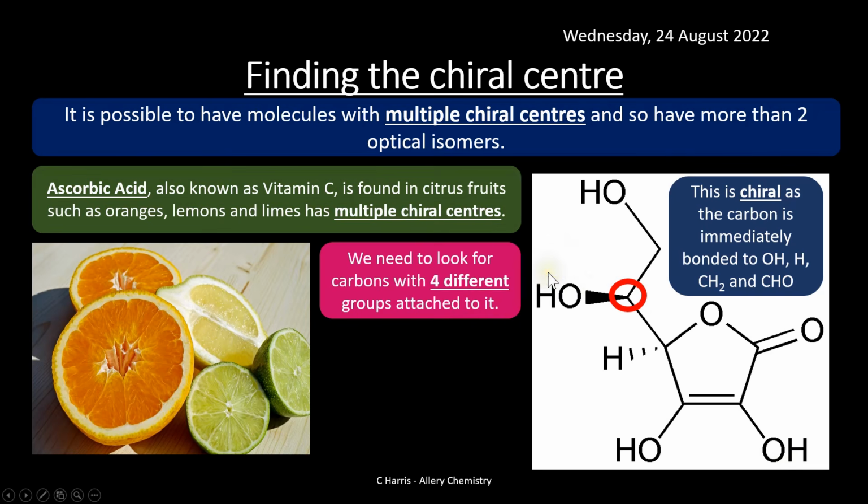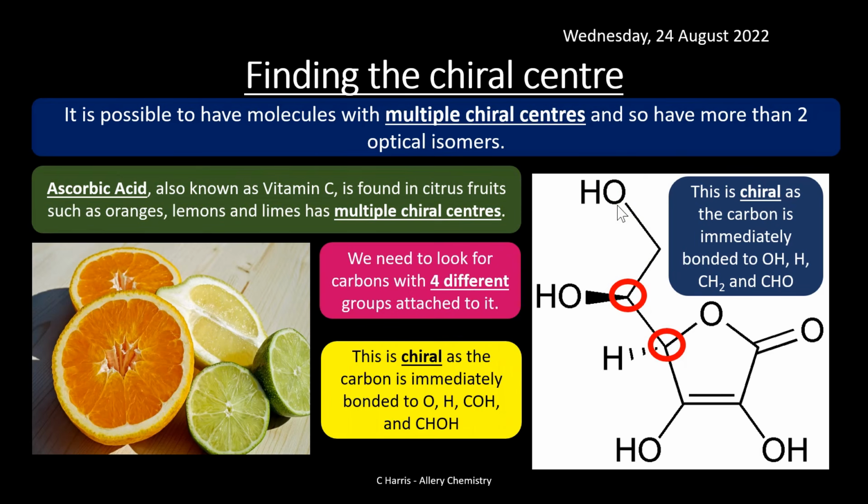It's got a hydrogen. This is a skeletal form, so there is a hydrogen there. There's a CH2 there, and there's your CH2 down here. And then you've got your CHO over here. So that's the chiral center.